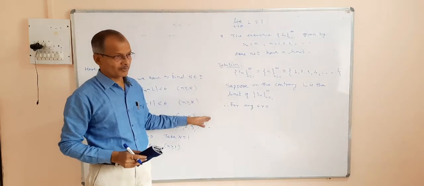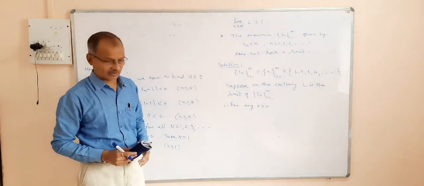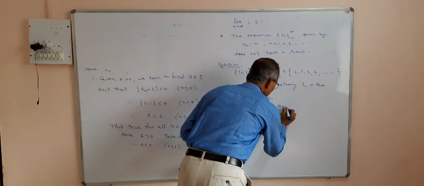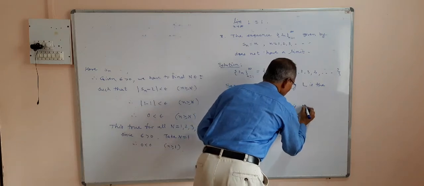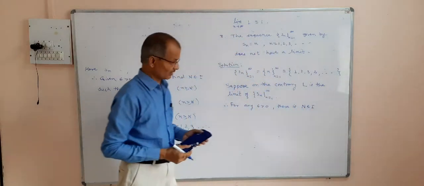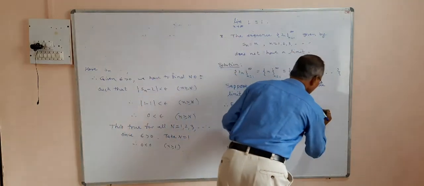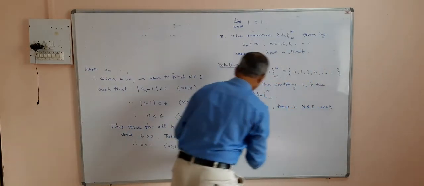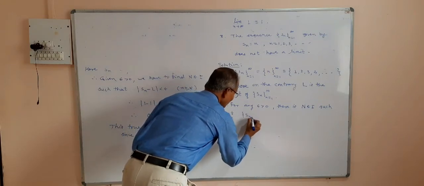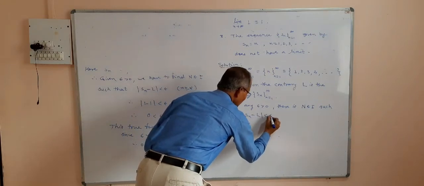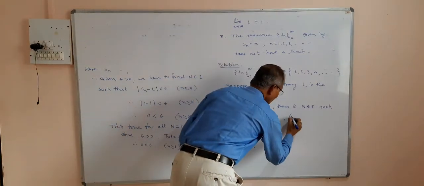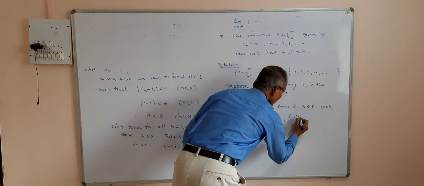Maybe 0.1, maybe 0.2, maybe 1, 2, 3, etc. For any epsilon greater than 0, there exists N belongs to I, a natural number, a positive integer, such that, every time we are writing the same condition of the definition, mod of Sn minus L is less than epsilon for n greater than or equal to capital N.